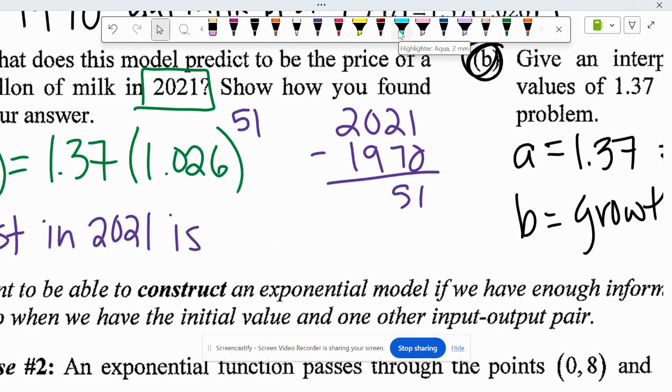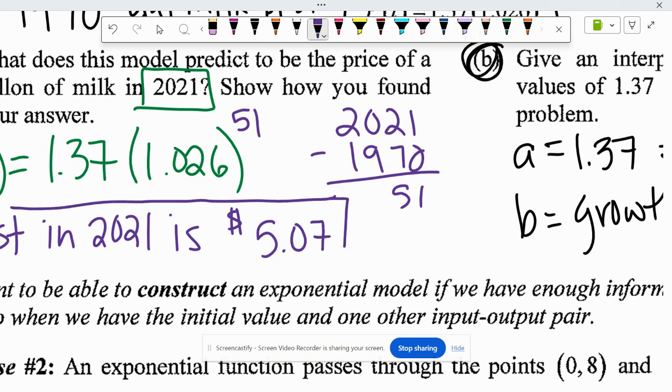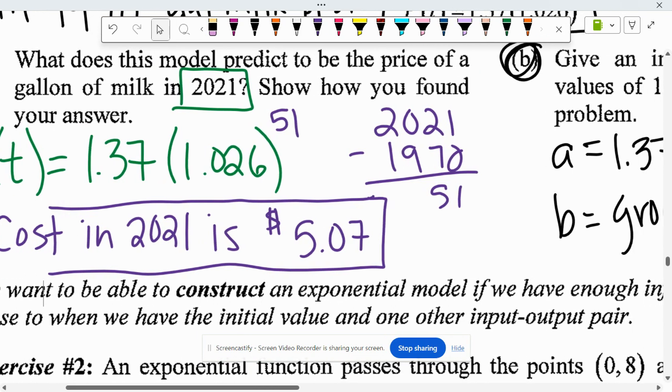It's $5.07. The cost in 2021 is about $5.07, according to this model. That's what the cost is going to be.